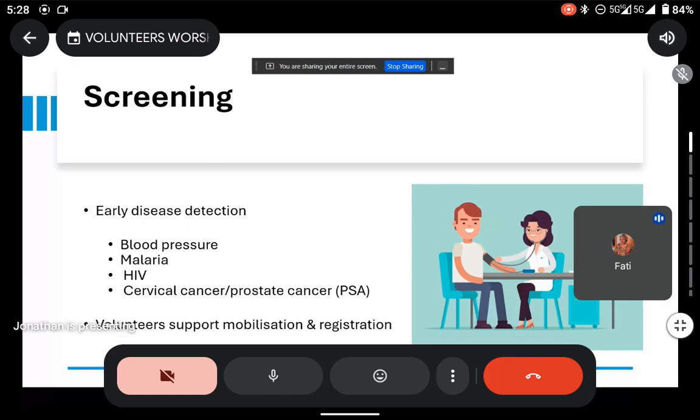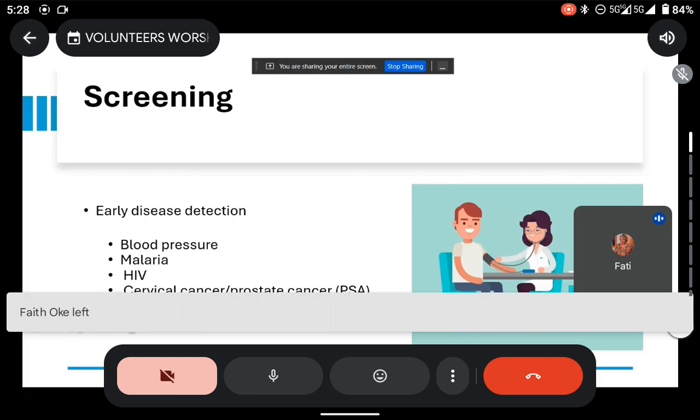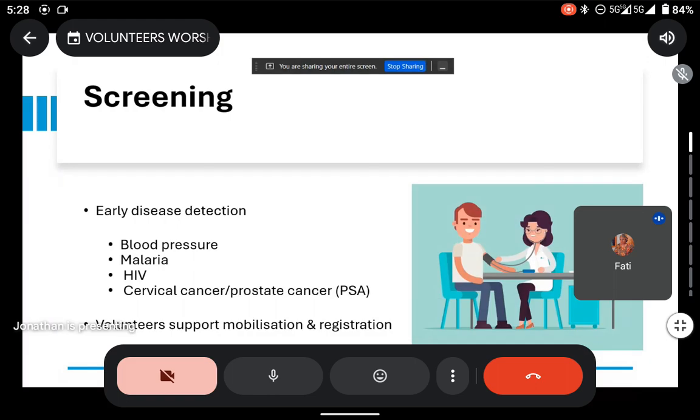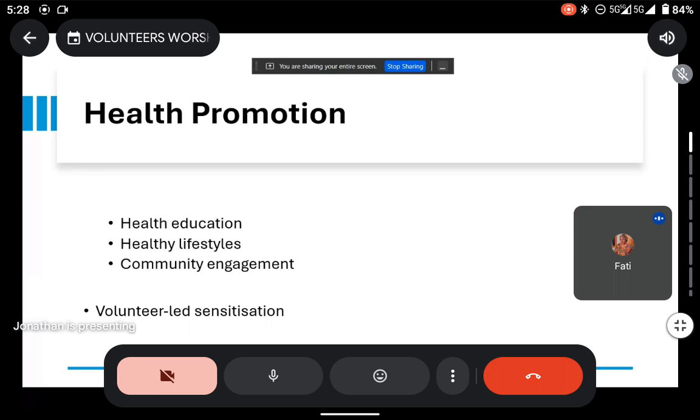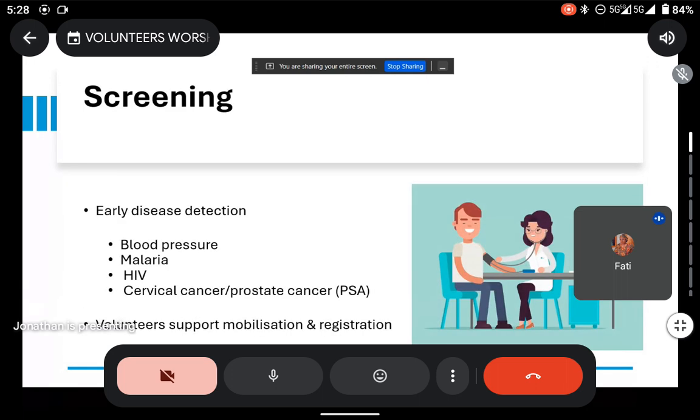What role would a volunteer play in this area? Volunteers often serve as a link between the health facility and the community, mobilizing, assisting, and educating clients on the importance of early detection.